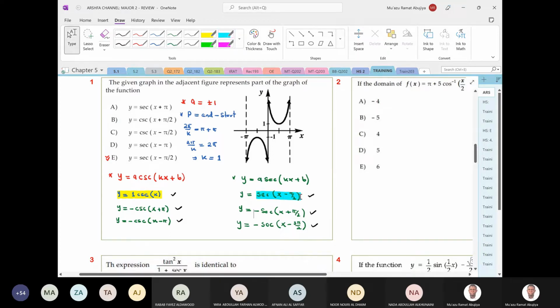So if we have one graph, can we always find another one? Yes, we can, using the co-function identity or maybe using the starting point of the graph. Please, are there questions here before I continue?